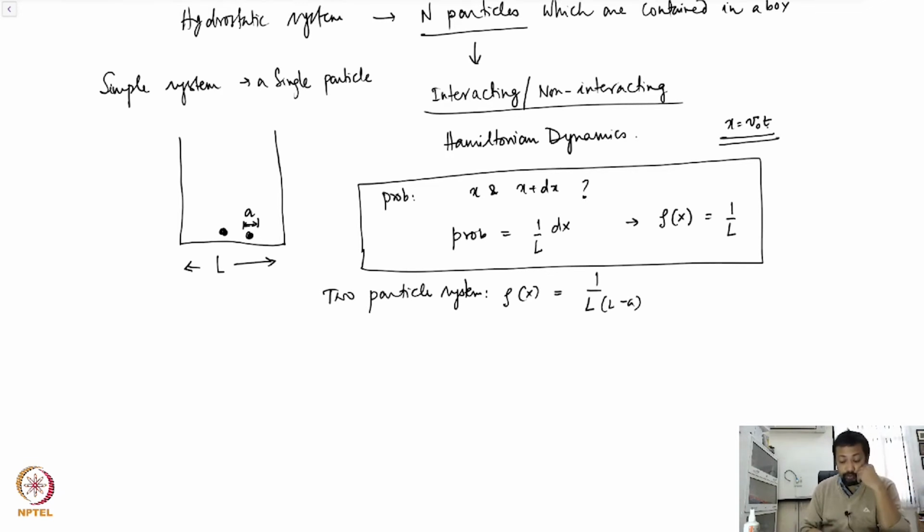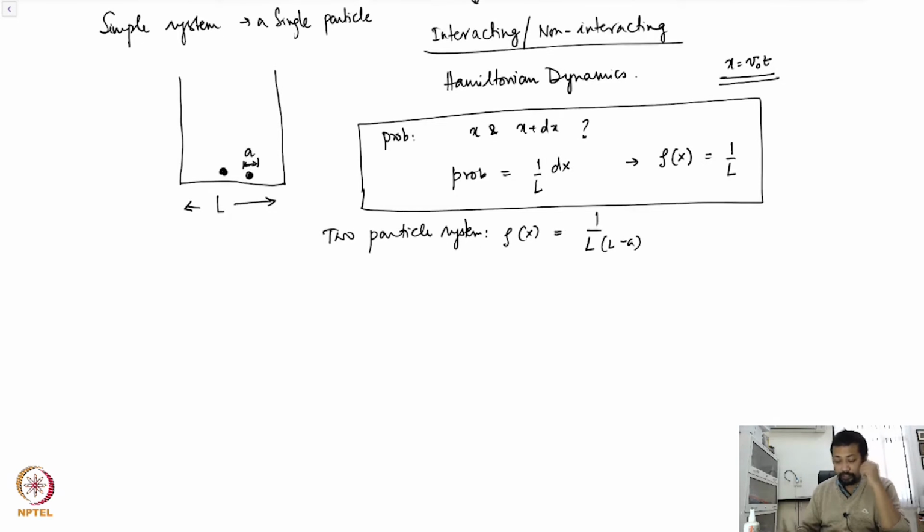But now when you go to a two-particle system, see, this question becomes slightly more difficult to answer. It's non-trivial to answer. And then I can go to a three-particle system, right? I can go to a three-particle system where my probability density is going to be L minus A, L minus 2A.